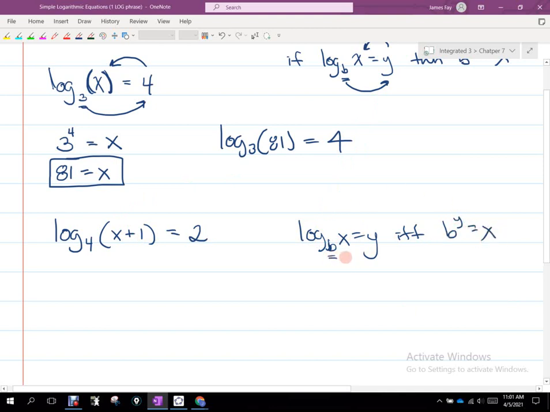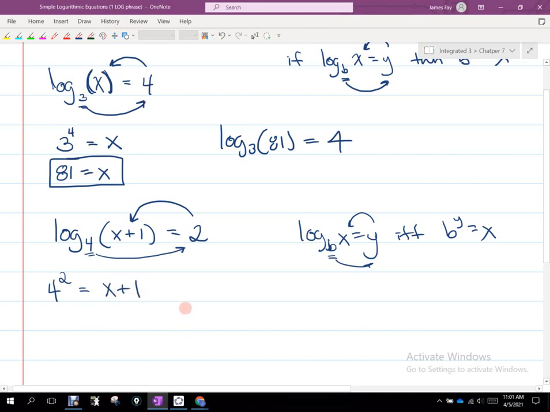Take your base, raise it to the y, and it comes back and gives you x. So what's my base over here? 4. You're going to raise that to the second power and it comes back and gives you x plus 1.